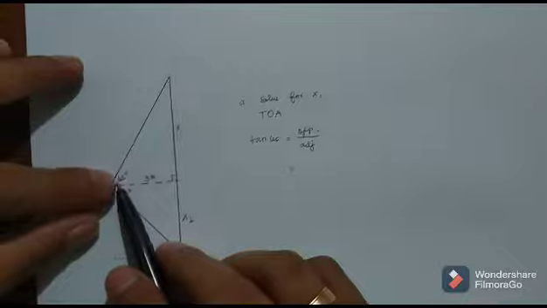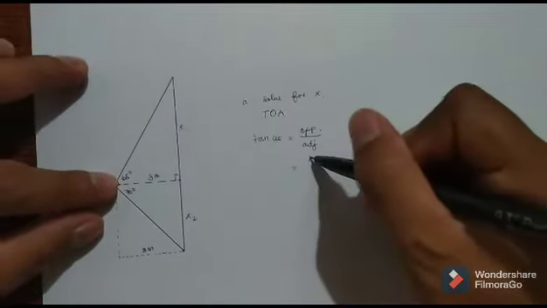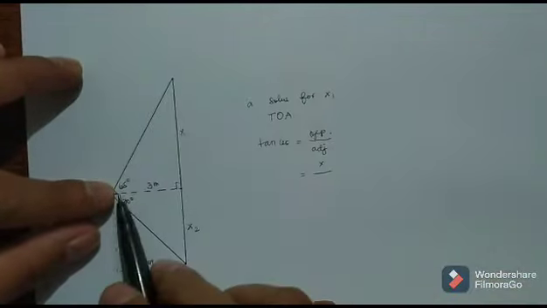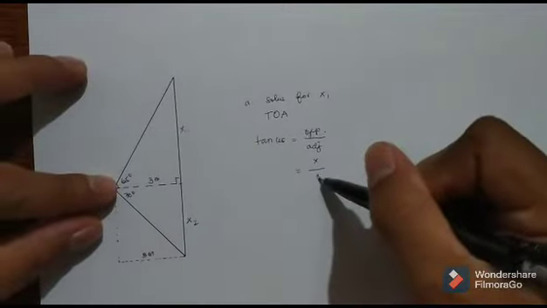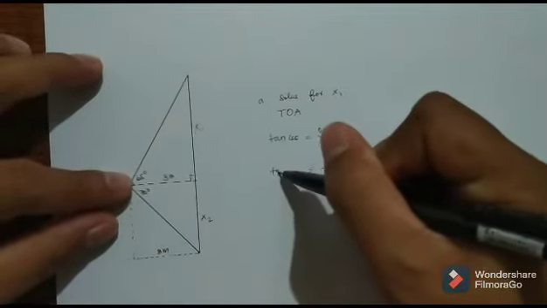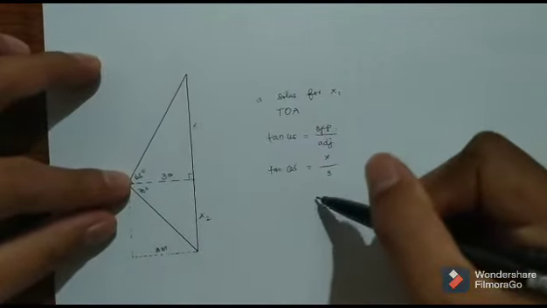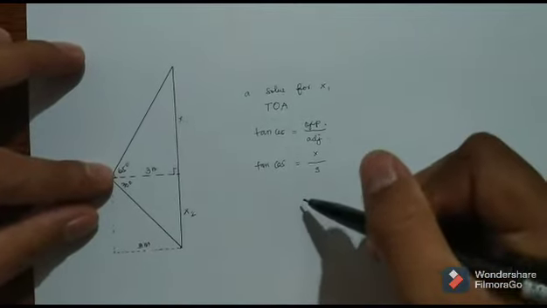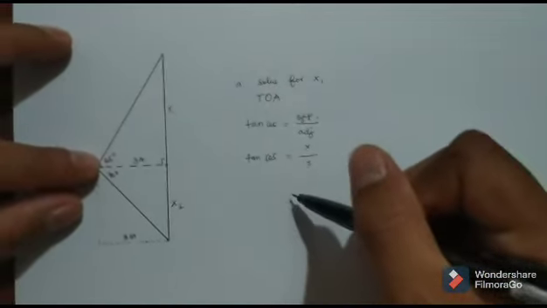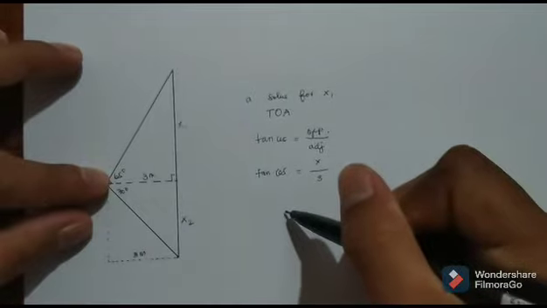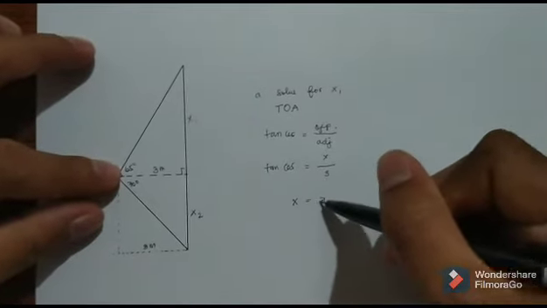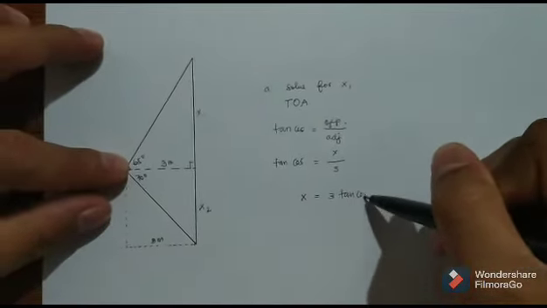Opposite to our 65 degrees is our x, and the adjacent is 3. So by cross multiplication, x is equal to 3 times tangent 65.